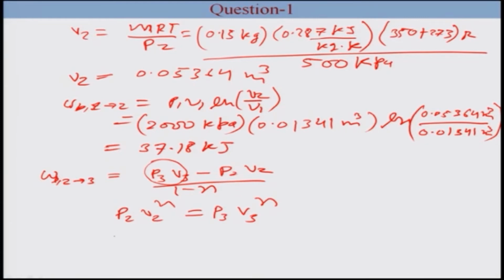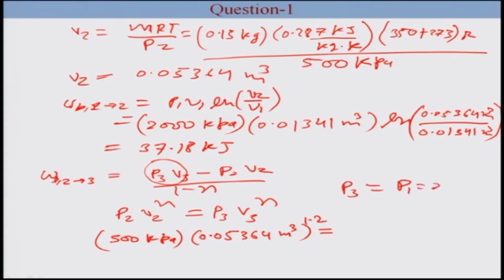P2 V2 to the power n equals P3 V3 to the power n. So we know P2 is 500 kilopascal, V2 is 0.05364 meter cube, to the power 1.2. This polytropic exponent is given to us. And for P3, it is said that the polytropic compression is done to the initial pressure. So that means P3 equals P1, which is 2000 kilopascal.